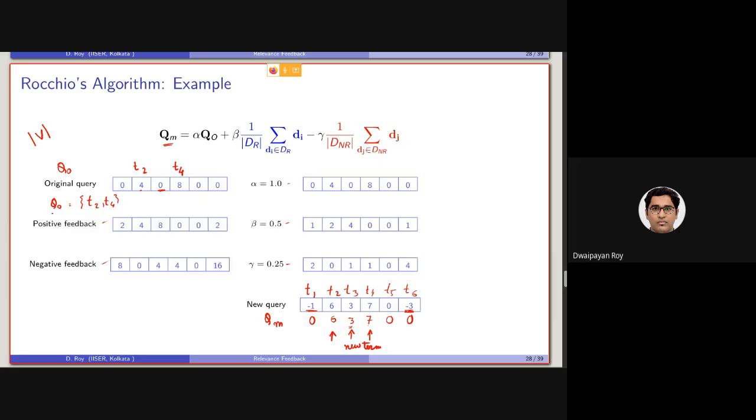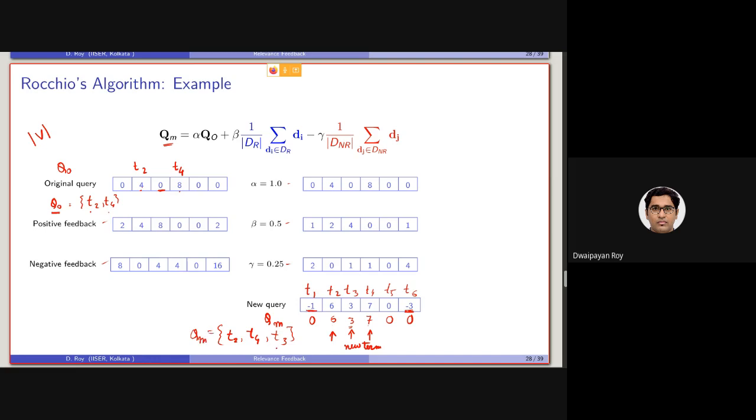So the original query, Q0, will contain 2 terms, T2 and T4, maybe with different weights, 4 and 8. The modified query is T2, T4 together with T3.